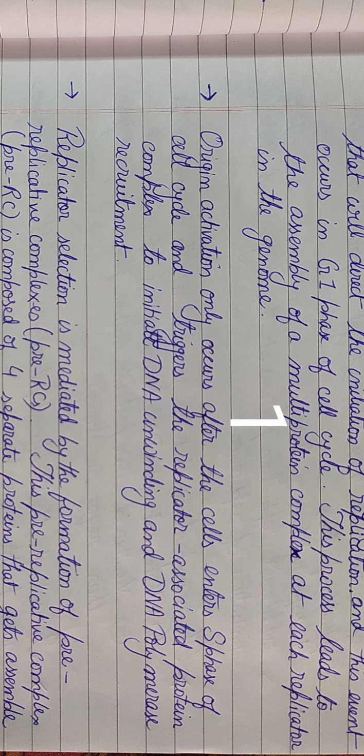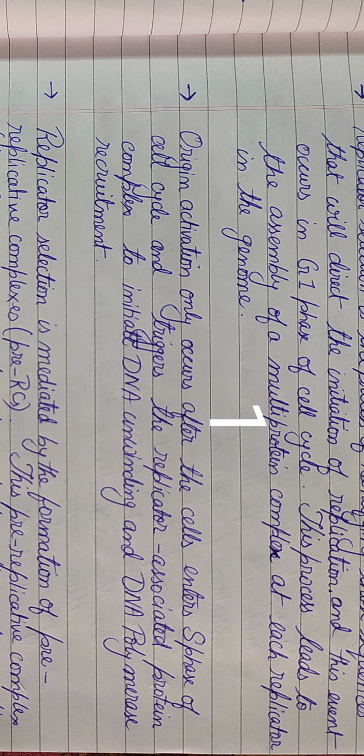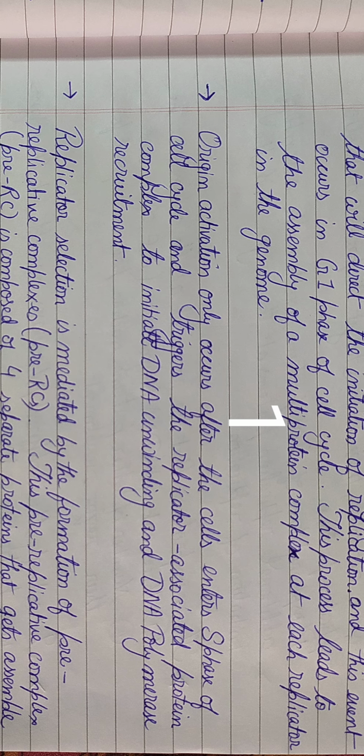So origin activation is the step where the replicator-associated protein complex, which was associated with the replicator regions, will now start to do its function. Binding to the replicator region does not mean that they will function. It functions only after the cells have reached the S phase of the cell cycle.